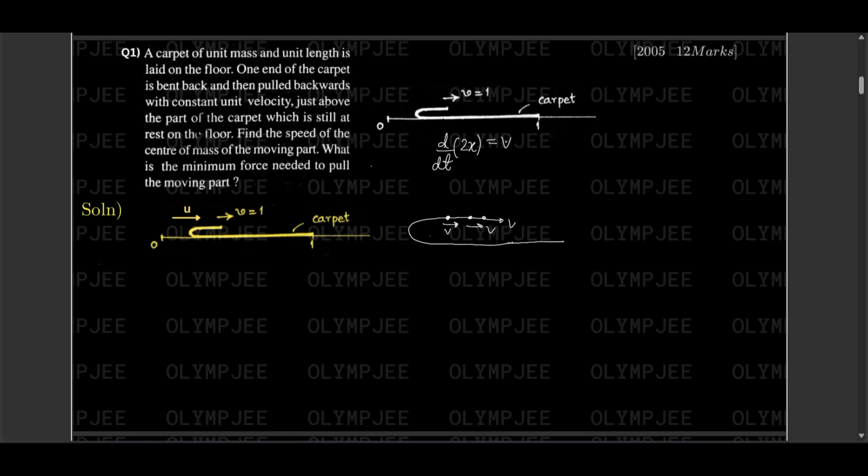Why can't we write that d by dt of 1.99x is equal to v? Because this will give us a different final solution. This is because 1.99x is not a material point, it is just a coordinate.